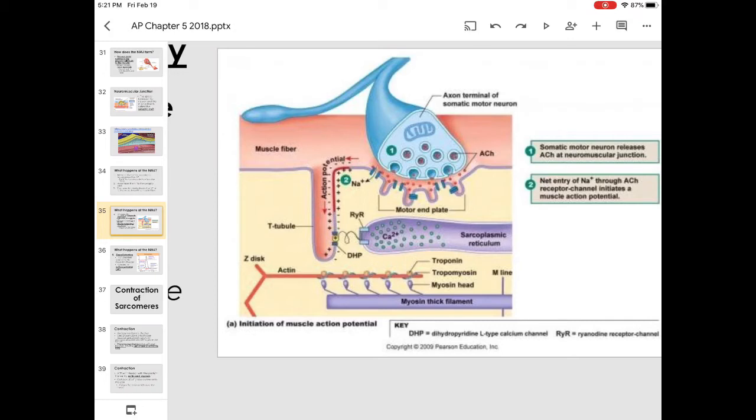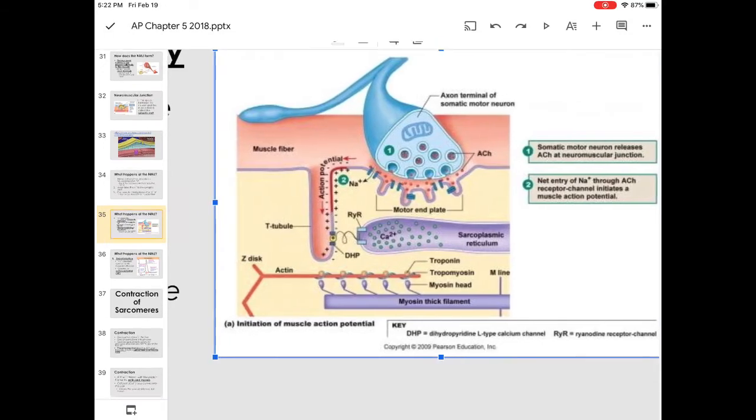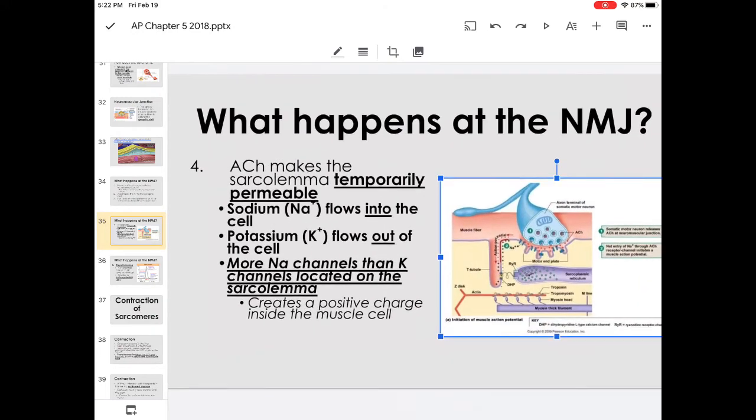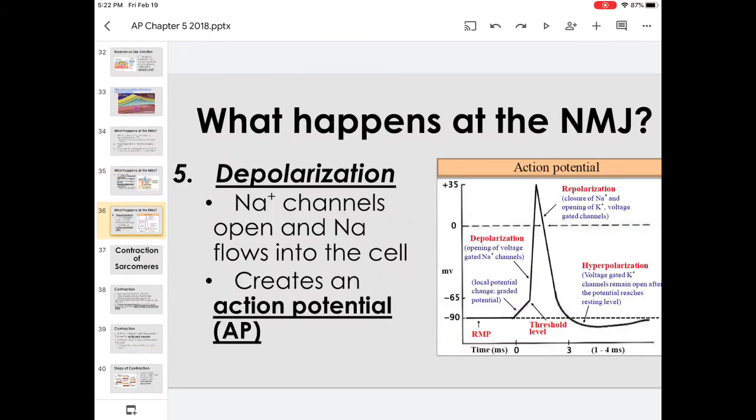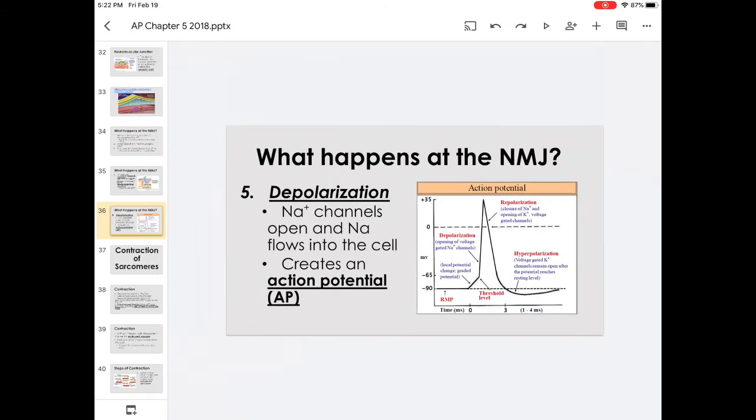And then this acetylcholine causes the sarcolemma to become more permeable. Therefore, you have the ability for sodiums to come in and potassiums to be released. And then you can see that there's going to be more of a positive charge than a negative charge occurring in this situation.